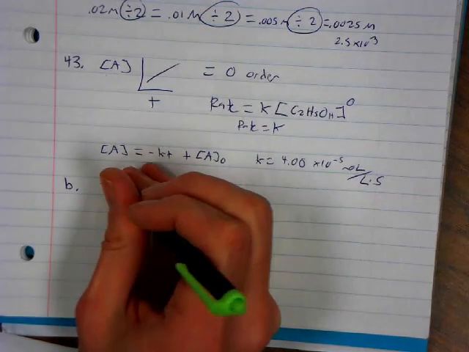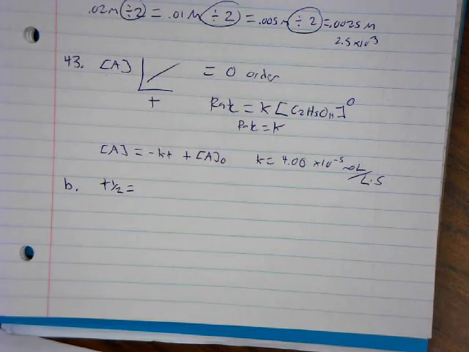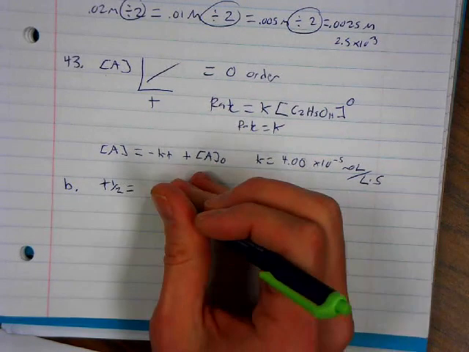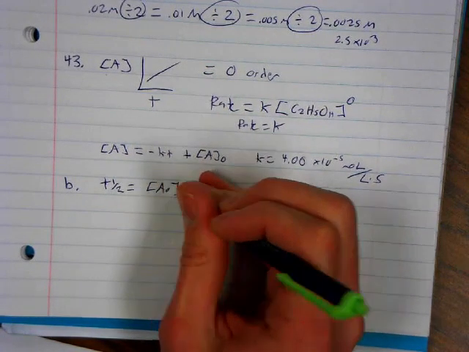So that was A. B: if the initial concentration was this, calculate the half-life for the reaction.